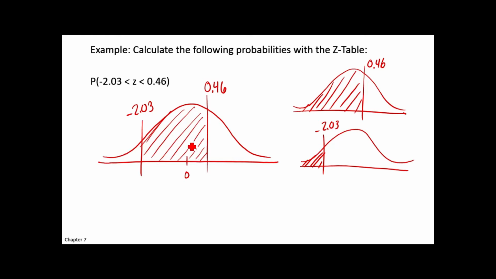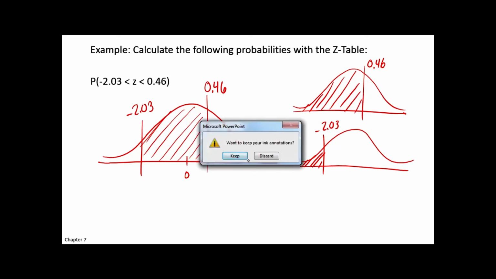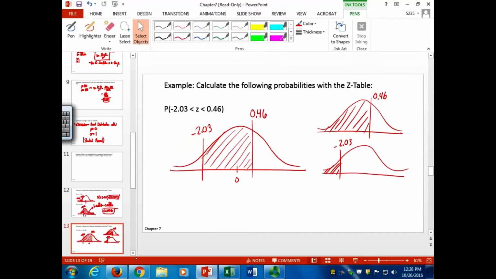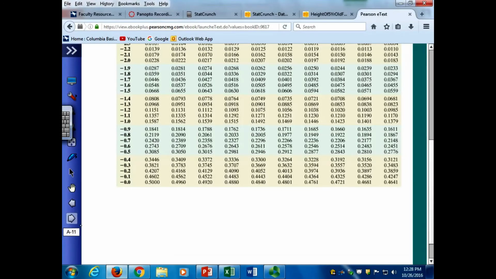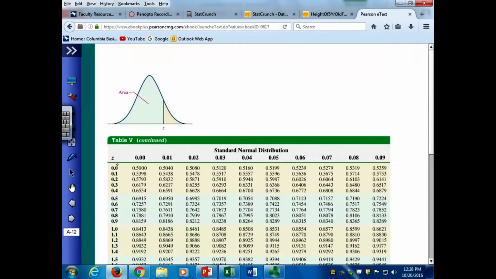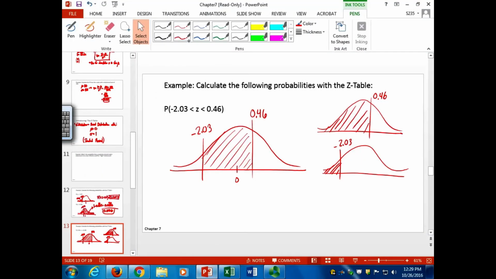Okay, so we need to look up two probabilities here. I need to go get the probability of 0.46. That's going to be on the positive side of the table. 0.4, 0, 1, 2, 3, 4, 5, 6. So that's 0.6772.